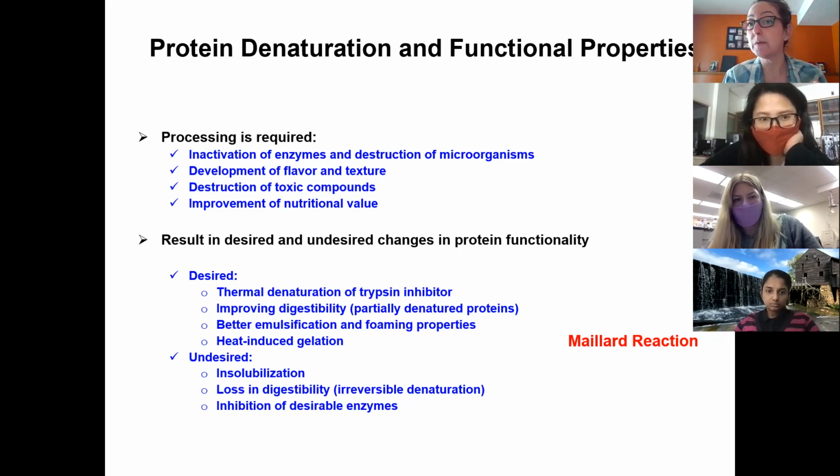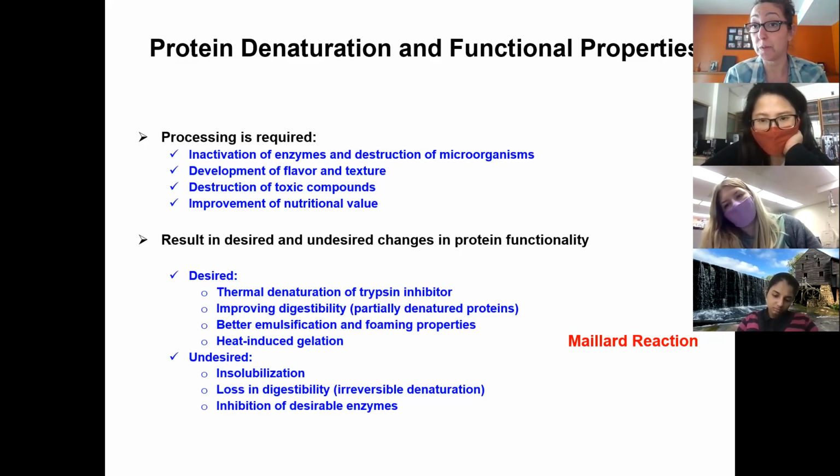Inhibition of desirable enzymes. Let's talk about cheese, for example. When you're producing cheese, they heat the milk to a lower temperature than usual so that they don't inhibit endogenous enzymes, because endogenous enzymes are needed for cheese ripening later on. So sometimes you do not want to inhibit these enzymes.